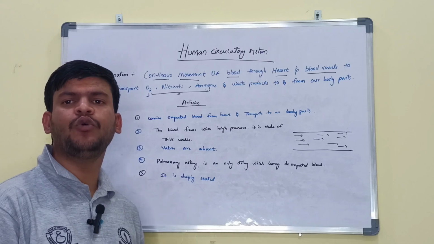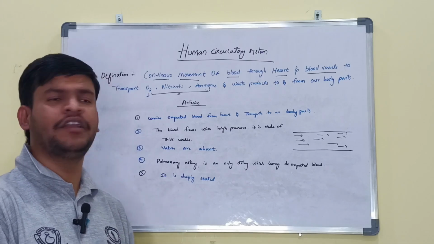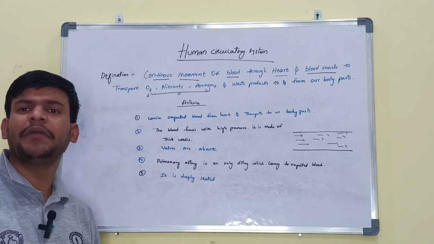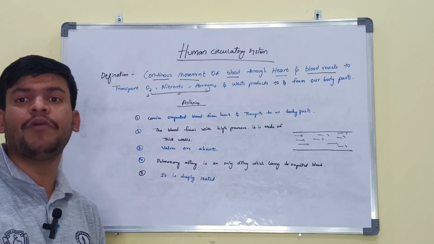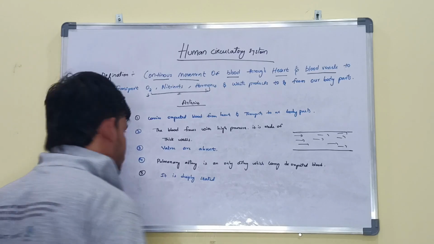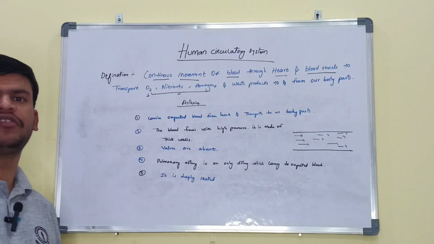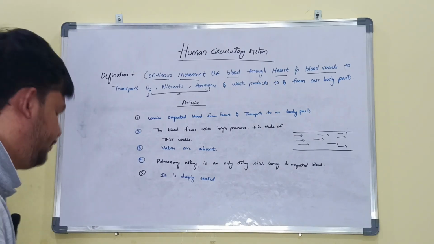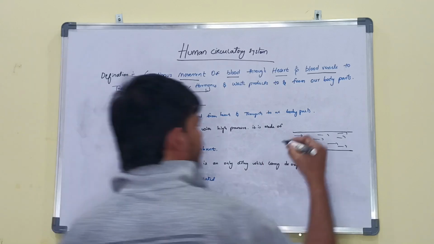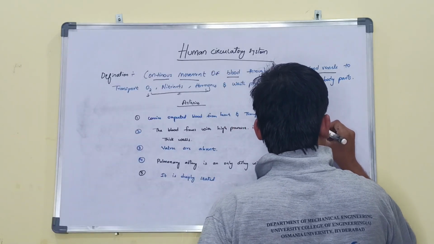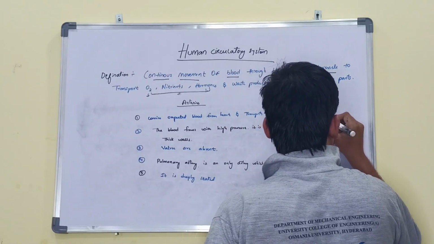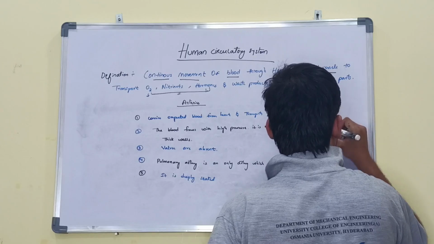So in order to restrict that type of incidents, the arteries are situated deeply in the human body. Please make a note or take screenshot. Here I will be writing blood with high pressure.